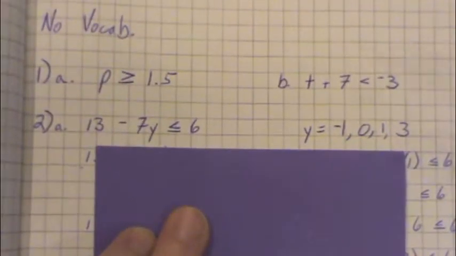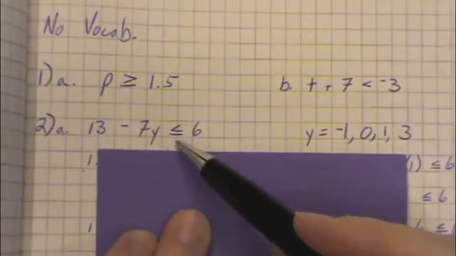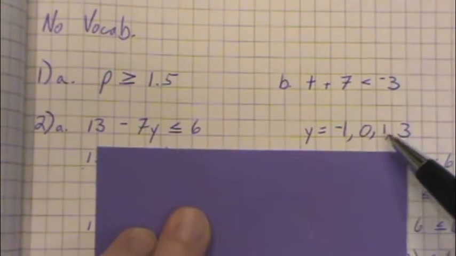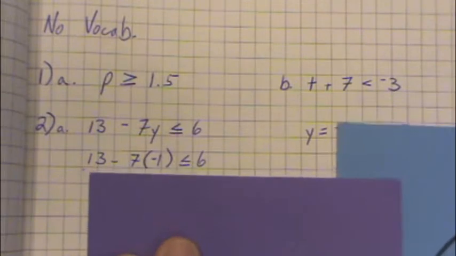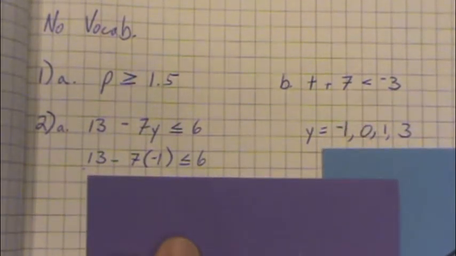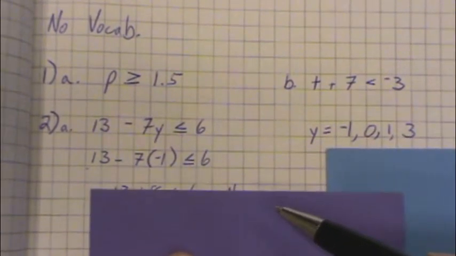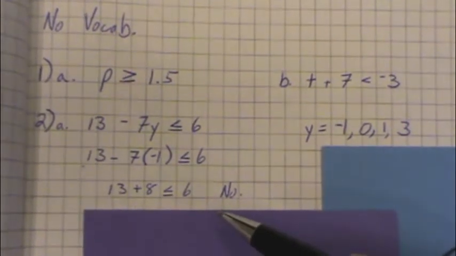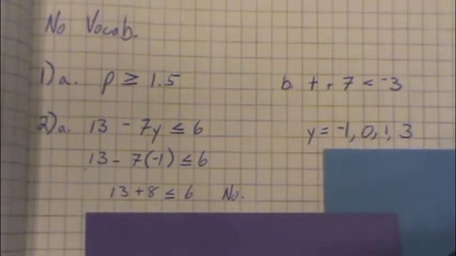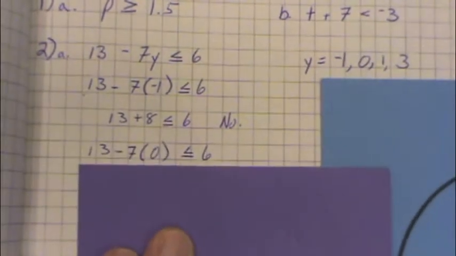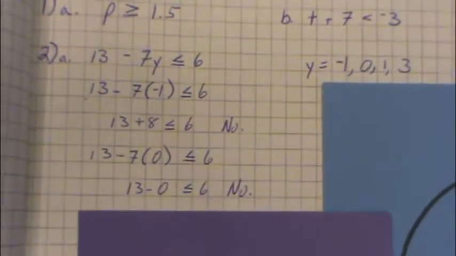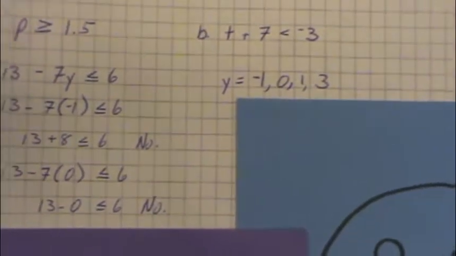So here's what I have written in my book. Here's the inequality. Here are the 4 numbers that they want me to try. Starting with the first one. If y is equal to -1, substitute in, and that doesn't work. Well, let's try the next one. How about 0? Does 0 work? No. Okay.